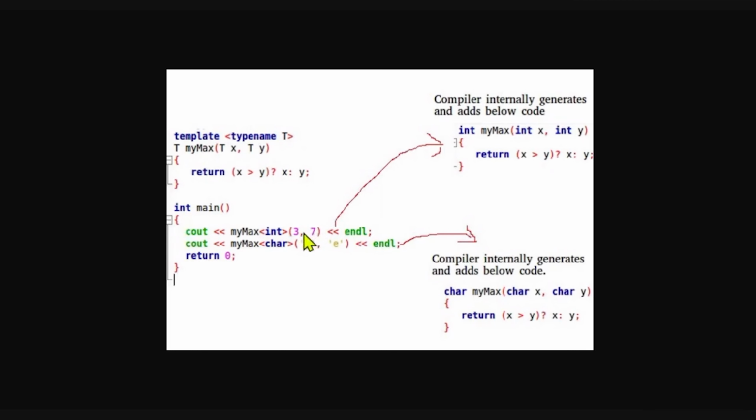For example, we are calling my max and passing integer as a parameter, and then there are two parameter values which are 3 and 7. This will return an output of 7 as 7 is greater than 3. Similarly, in the second part we are passing a character data type as a parameter in which we have two values g and e. In this function, g will be printed as g alphabetically is greater than e. So this is an example of how a template works.